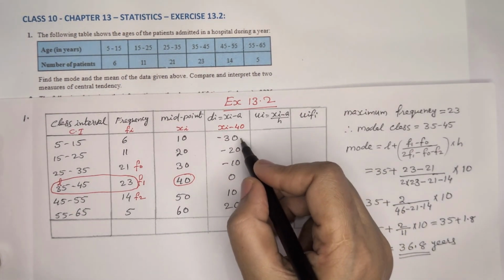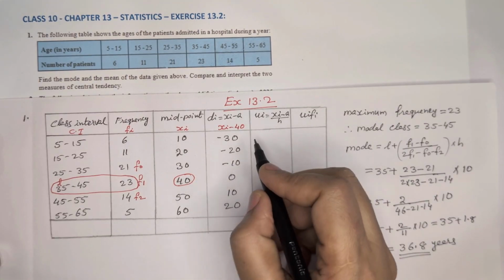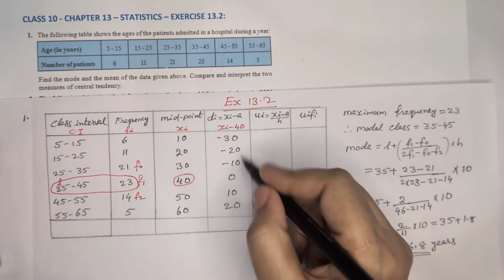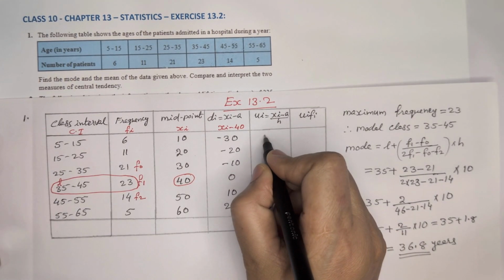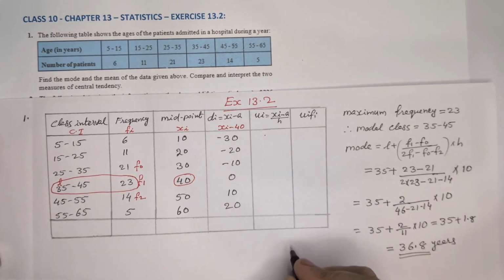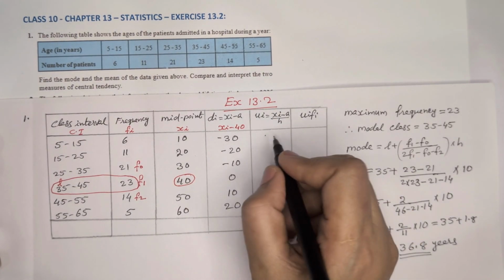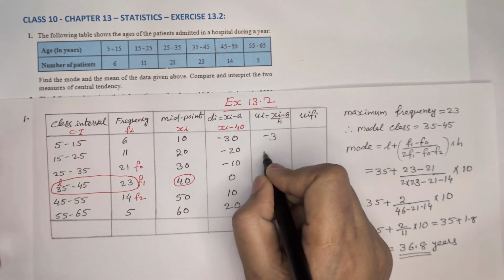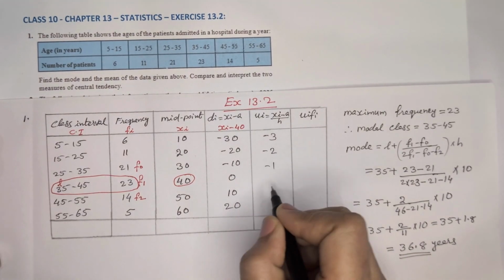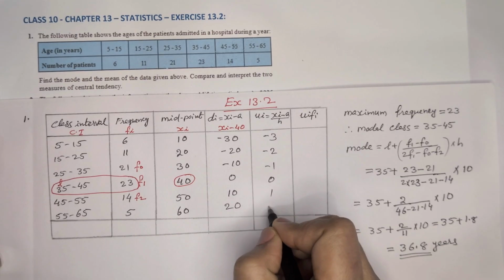Now here h is equal to 10, and all of these are multiples of 10. So when we divide by 10, it will come minus 3, minus 2, minus 1, 0, 1, 2.